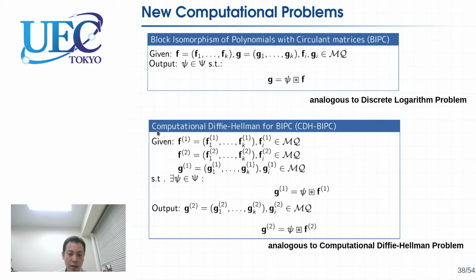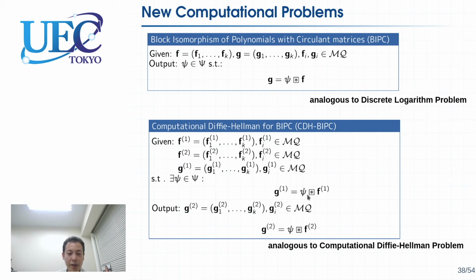And the computational Diffie-Hellman BIPC, CDH BIPC, is as follows. We have F1, F2, F, and G1, all of them multivariate quadratic polynomials, such that G1 and F1 have a relation connected by psi.